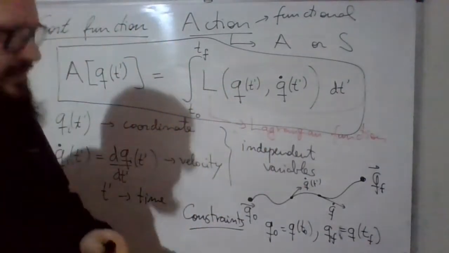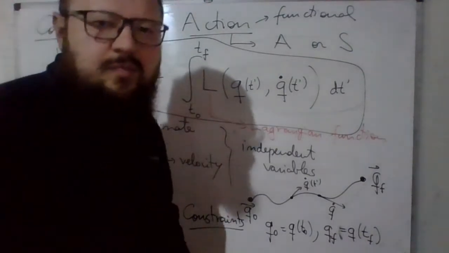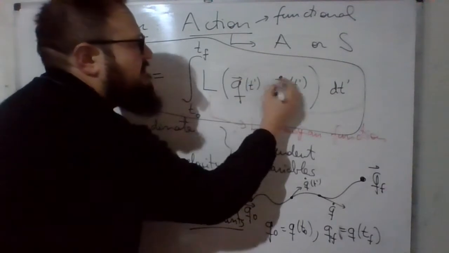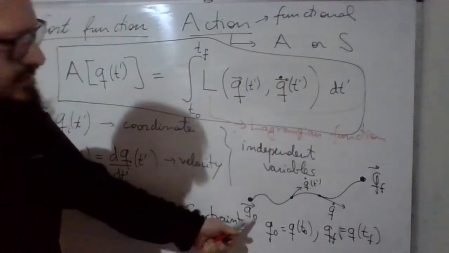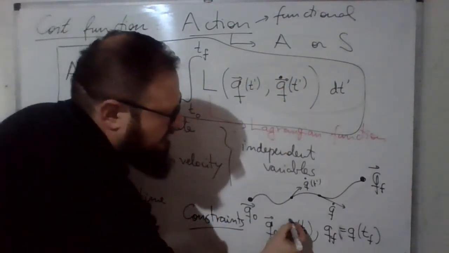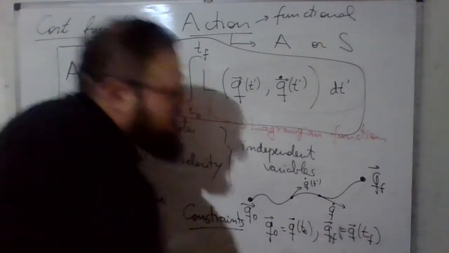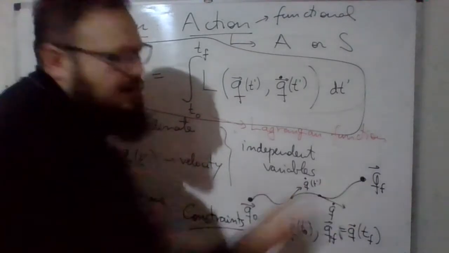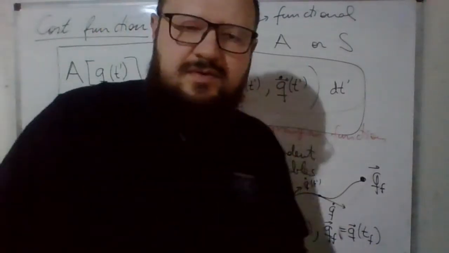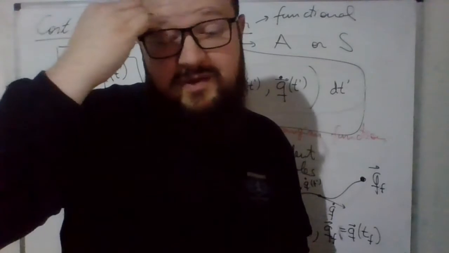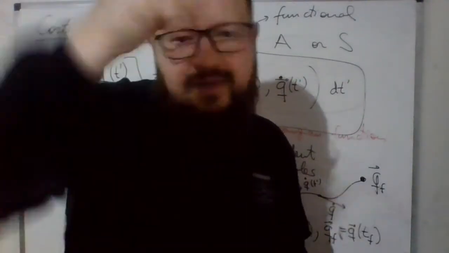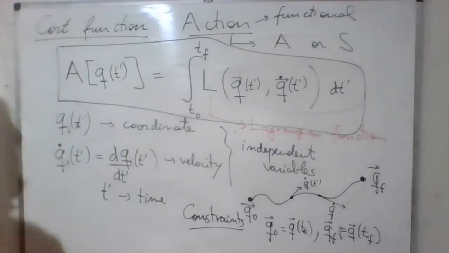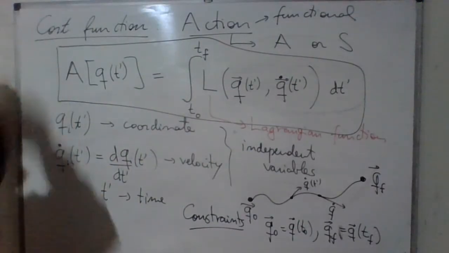Okay, because if you are dealing with more than just a single space dimension, it could be a vector here, and you constrain the initial point, the vector, and the final point is a vector. Of course, the velocities here and here also are constrained. Okay, you're supposed to know these velocities at the initial and at the end points. Okay, you know that, right? So this is our cost function.